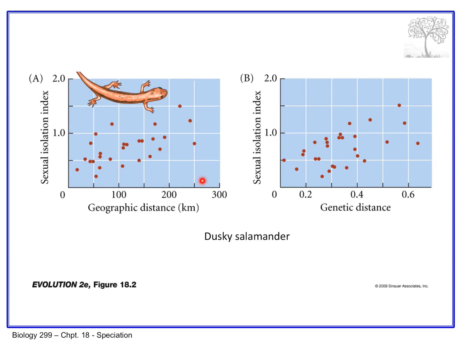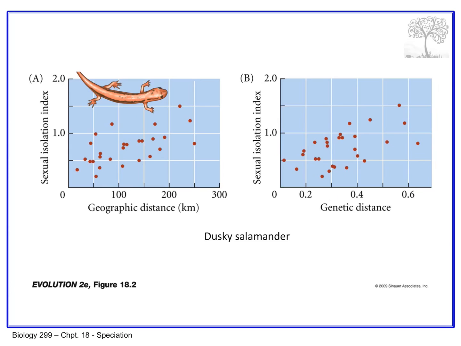That means that populations that are 250 kilometers apart from each other are going to have a fairly high isolation index. Individuals from those populations, when they're put together, just don't mate, or if they do mate, they don't reproduce very successfully. That's suggesting that geographic isolation between them is causing or allowing genetic differences to evolve that then prevent successful reproduction. That's the basis of what allopatric speciation is and what's occurring in allopatric speciation.